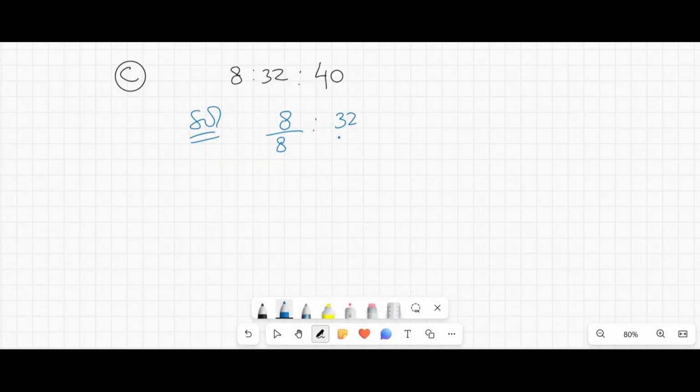So divide by 8, 32 divided by 8 and so on. Here I have already calculated the highest common factor of all three quantities, that's why I'm doing it easily. First of all, you have to find the highest common factor, and half the job is done. So this is 1 ratio 4 ratio 5.